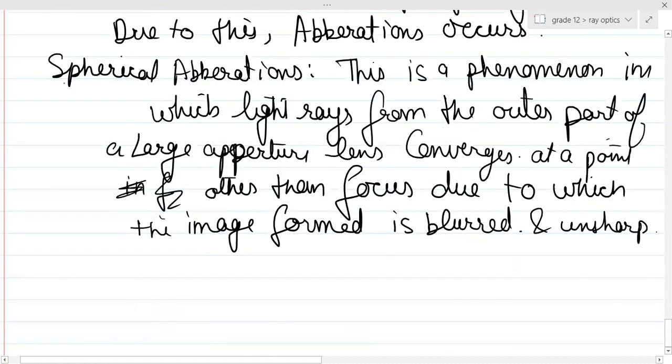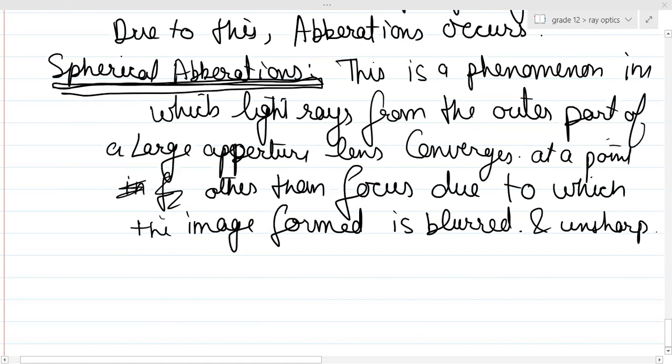So this thing is basically called spherical aberration. It happens in lenses which have bigger apertures. Is this clear? Is it clear, guys?